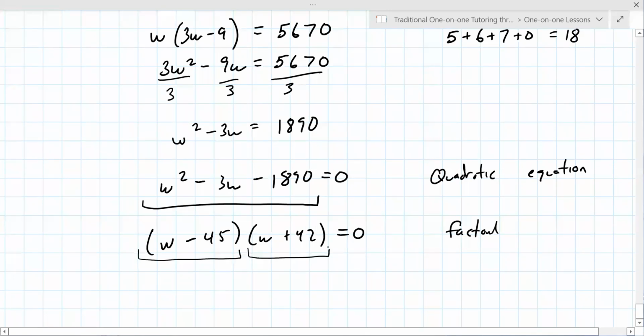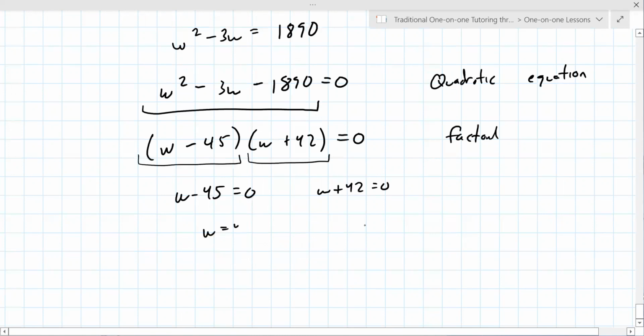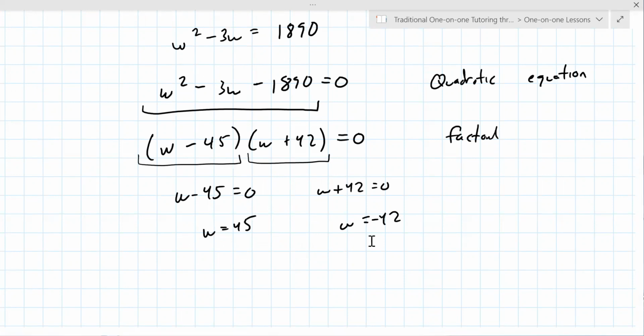You set them equal to 0. The idea is that if this is 0, 0 times anything is 0, and if this one on the right is 0, 0 times anything is 0. And then you solve them individually. So W is 45, W is minus 42. Yeah, I remember that now. Okay, good. Now, did the problem want the width?